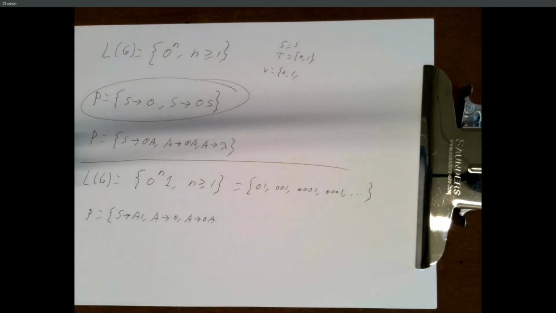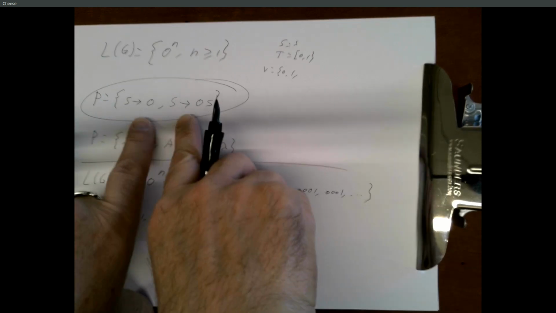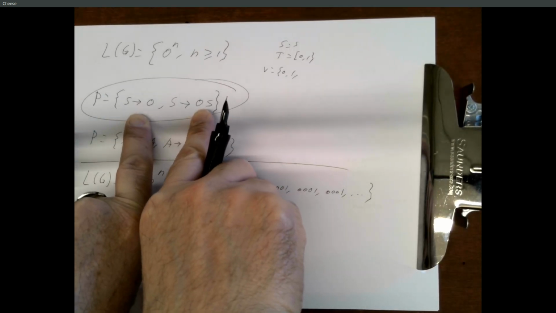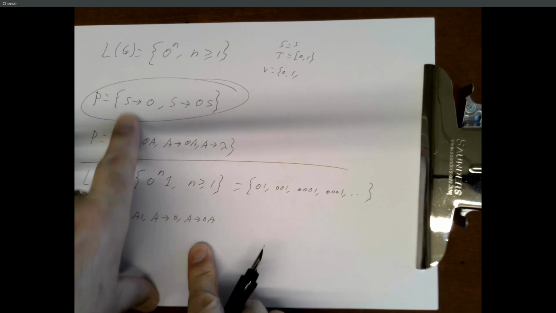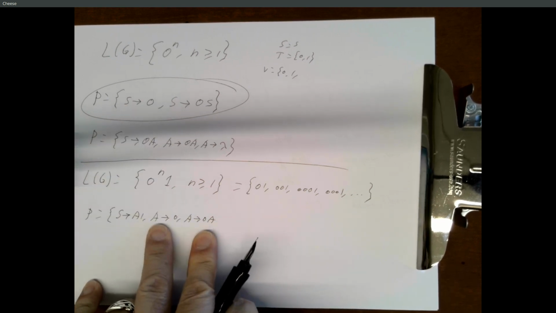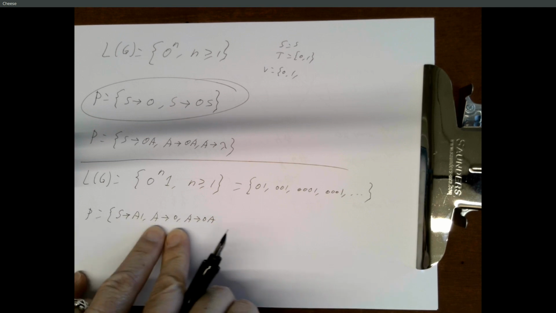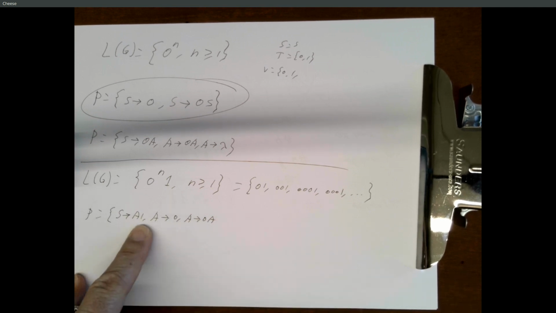All right, so S is an A followed by a 1, where A is either a 0 or a 0A. So we're basically using the production rule that we had up here for a string of 1 or more zeros, but instead of changing the start symbol in that, we're changing an A into that. And we're changing the start symbol into that string of 1 or more zeros followed by a 1.